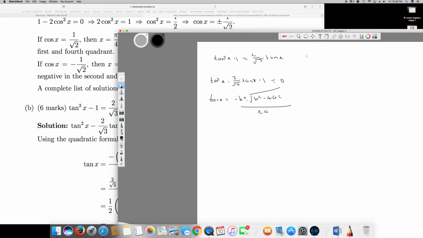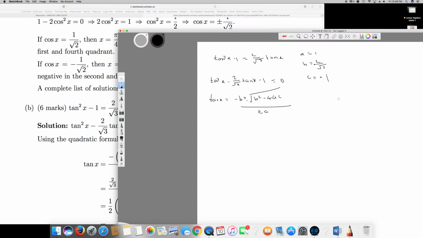Let's mention what a, b, c are. So a is going to be 1, because if you see the tan square x, nothing is in front of it, so a is equal to 1. And b is going to be minus 2 over root 3. Don't forget, guys, if it's minus, we have to be careful and put the minus, right? So b is equal to minus 2 over root 3, and c is going to be negative 1.